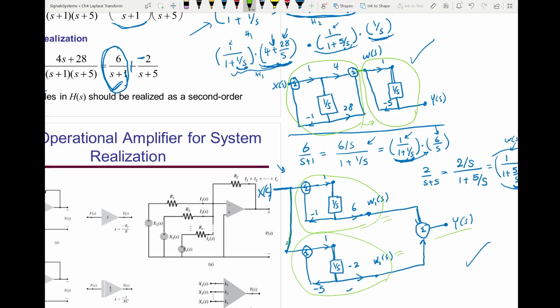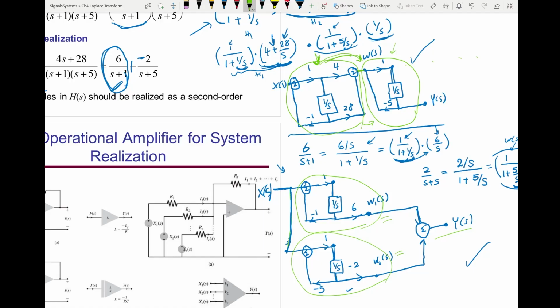If some error happened in this subsystem, it will propagate to this subsystem. So this subsystem will also process the error that happened here. And usually when they are cascaded, that error will be even amplified by the subsequent subsystem.